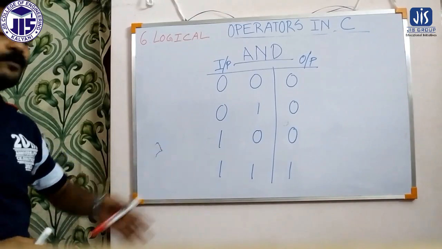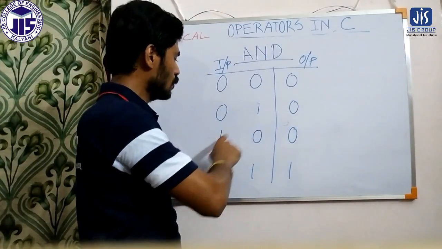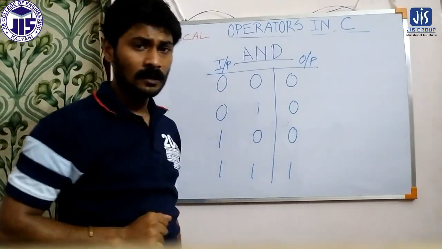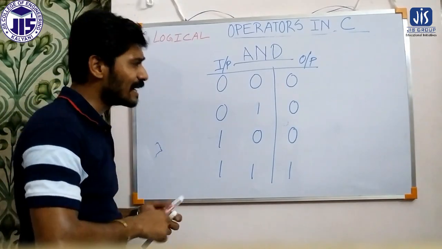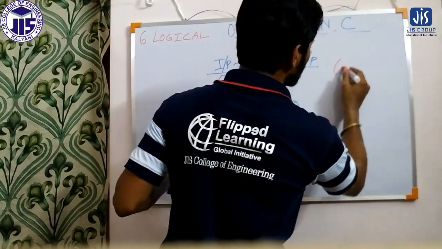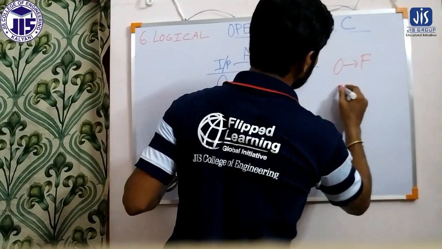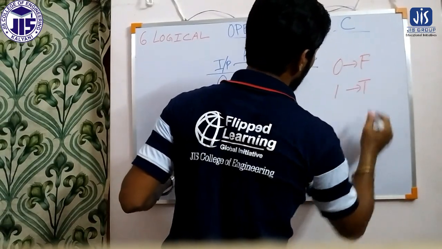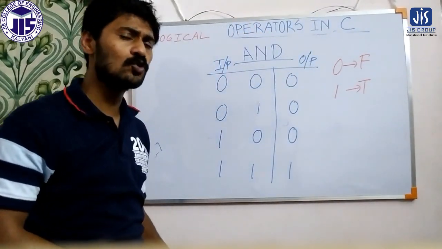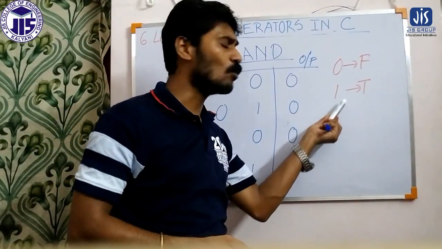So there is a truth table for AND gate: 0 0 0, 0 1 0, 1 0 0, 1 1 1. Now if I say 0 is treated as false and non-zero, that is 1, is treated as true. So 0 means false and 1 means true.